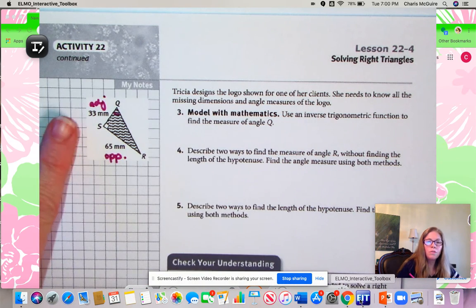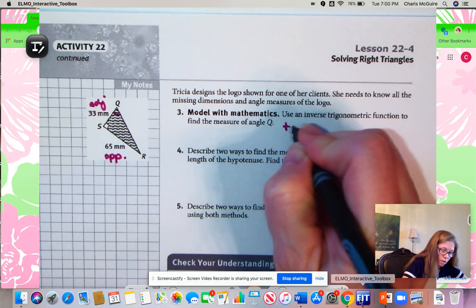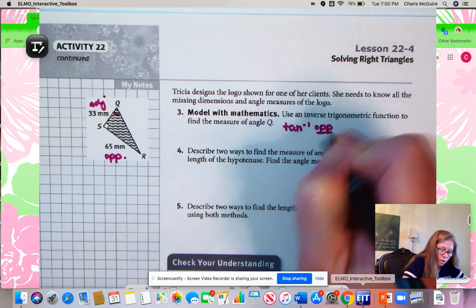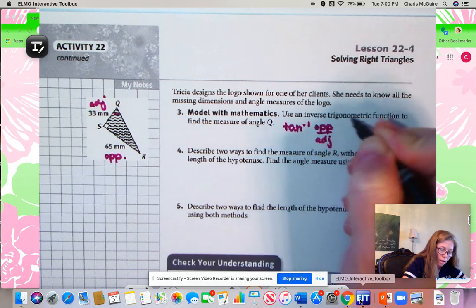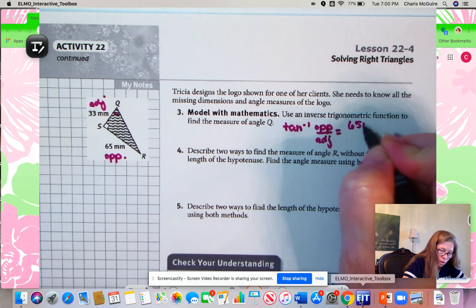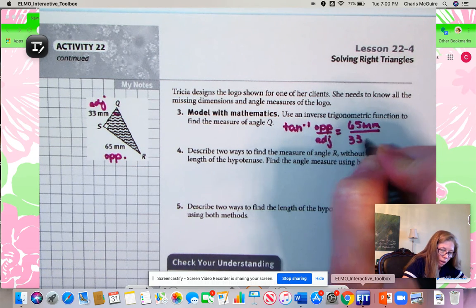So which trig function are we going to work with to find angle Q? Hopefully you're saying tangent. That's right, because we're going to do the inverse tangent of the opposite side over the adjacent side. So we're going to put that in, 65 millimeters over 33 millimeters.